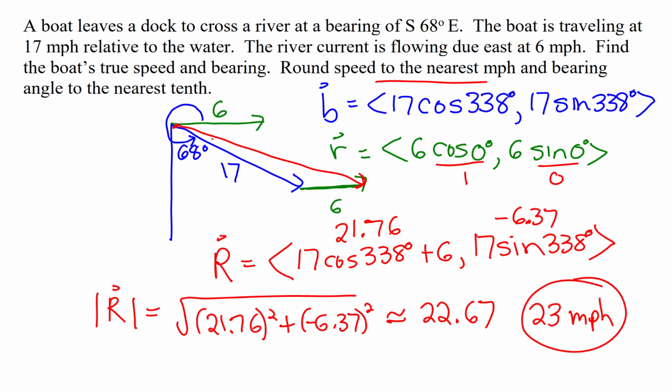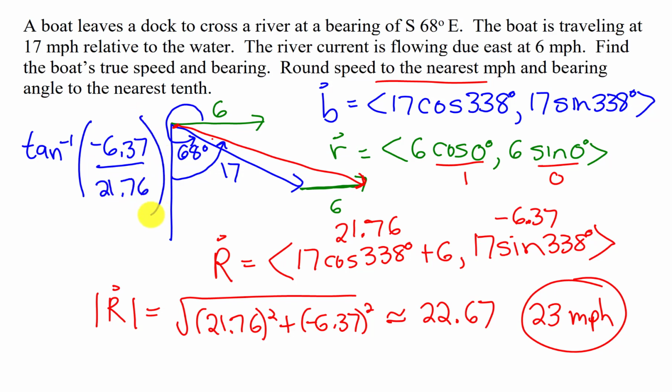Okay, now we need to find the direction, and we're going to be measuring off south, swinging around here to the west by that angle right there. So if we find the direction angle for the vector, we're going to have to do some modification. So let's go ahead and find that direction angle first. It's going to be the inverse tangent of the y component, negative 6.37, over the x component, 21.76. Now we know if we do inverse tangent of a negative value, the calculator is going to give us an angle in quadrant 4 measured as a negative.